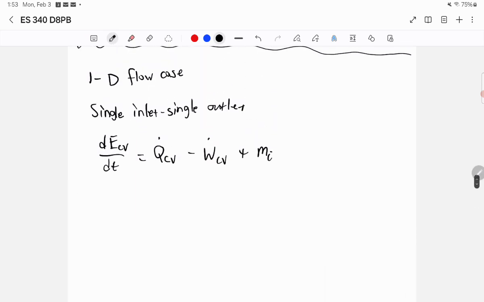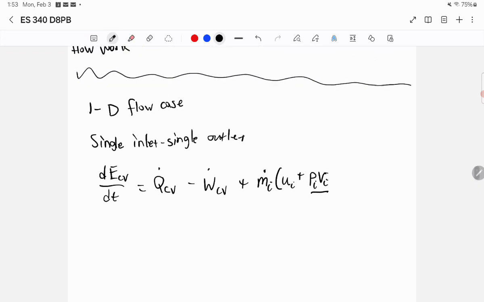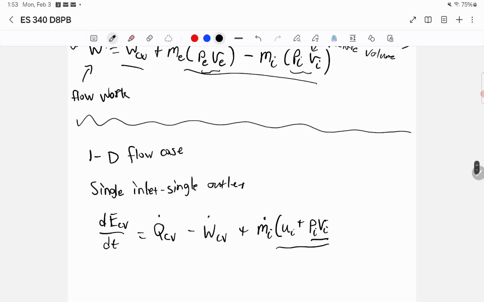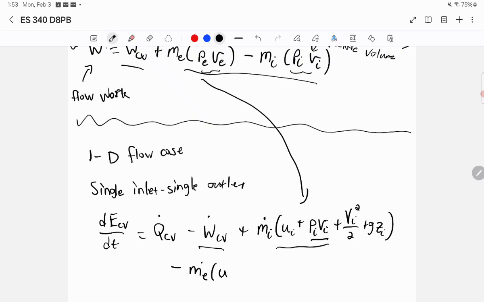Plus m_i dot times (u_i plus P_i v_i). See, now we're accounting for these pieces inside of here, right? We've moved this inside of here. So now this is the work done by those motors and things like that. And we've moved this term inside of here because it's convenient. Plus g z_i minus m_e. I'm sorry, I run out of space because this obviously is a lot to write.